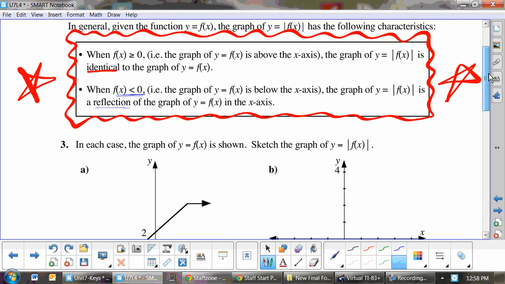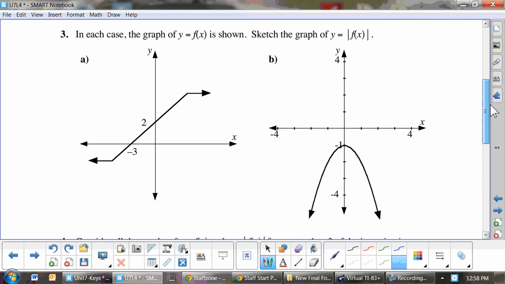Okay? So for here, they say this is the original graph. So they say the graph of y is equal to the function is shown, and they want us to sketch the graph of the absolute value. So we know that when something is positive in the original, it stays the same in the absolute value. So that will stay the same like that. Okay.